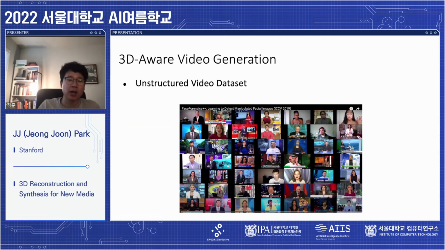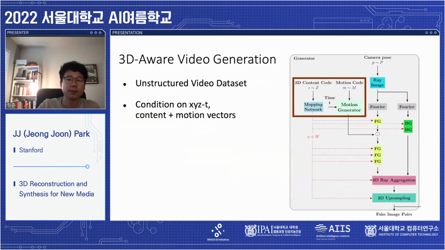First, instead of using the image dataset, we use video dataset, obviously. And second, we use input as XYZ-T coordinate, as opposed to the XYZ coordinate to the implicit neural network. And we condition the network with two latent vectors instead of one, one being the content latent vector, and the other one explains the motion.